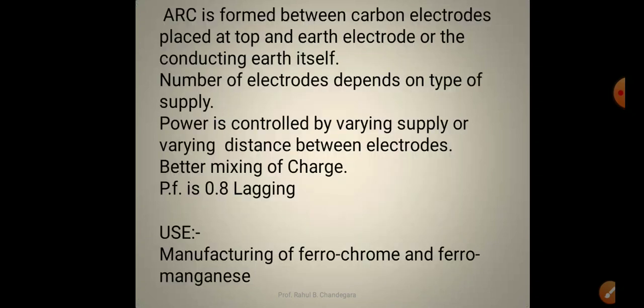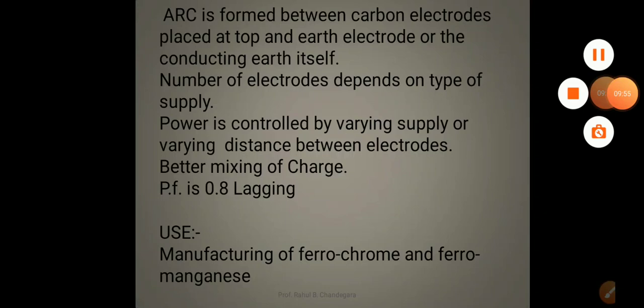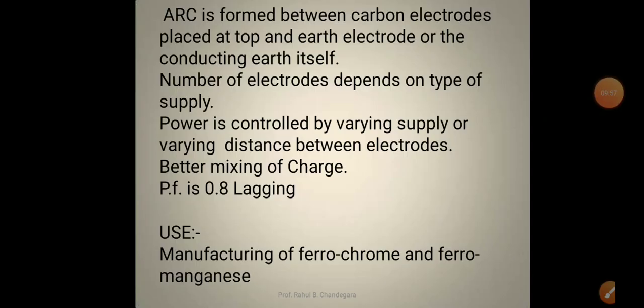Arc is formed between carbon electrodes placed at the top and the earth electrode, or the conducting earth itself, for welding purposes. The number of electrodes depends on the type of supply. If single phase supply or DC supply is given, then two electrodes are sufficient. If three phase supply is given, then more than two electrodes, three or four electrodes, are required, and a number of arcs will be produced in that supply.